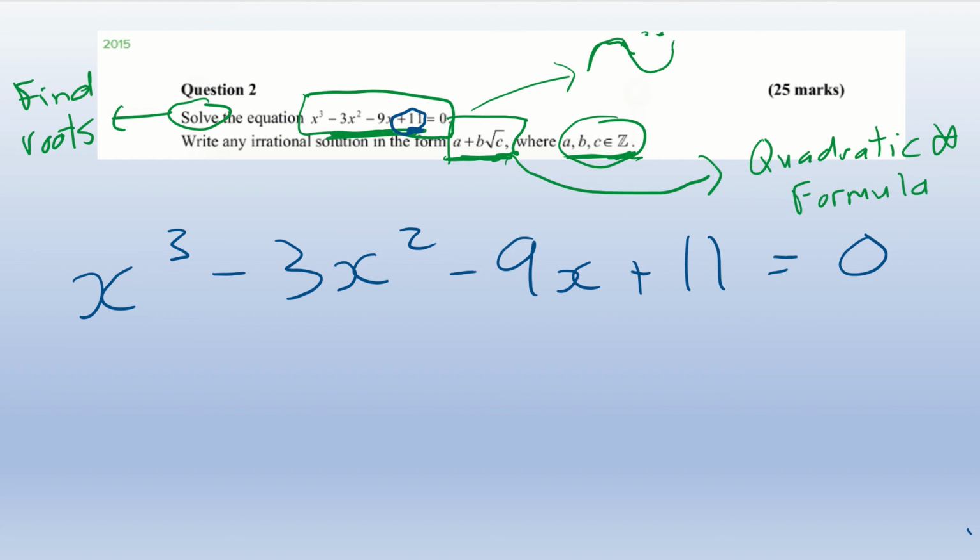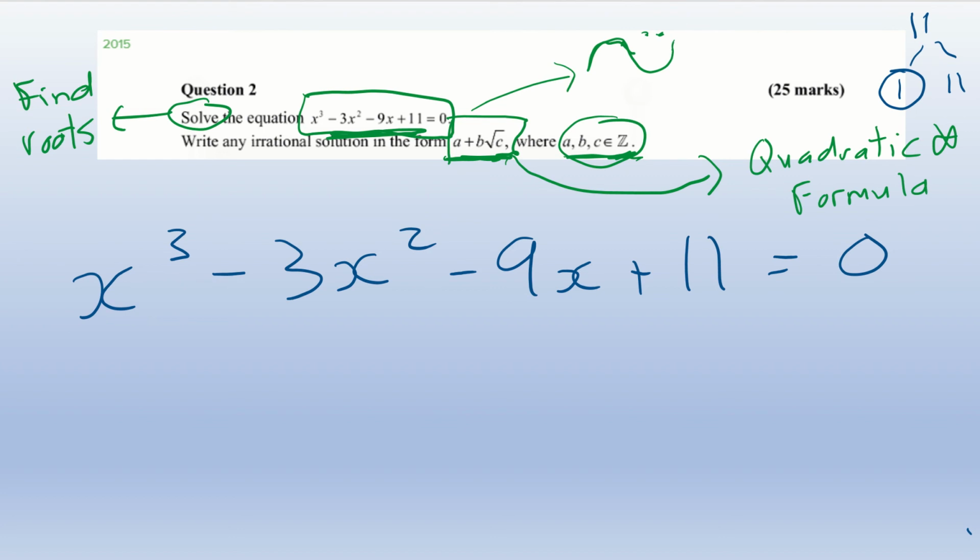So usually it'll be a factor of that number at the very end. If you think about your factors of 11, that's just going to be 1 and 11, because 11 is a prime number. So let's try the number 1 first. Let's see if 1 will substitute into this equation perfectly.